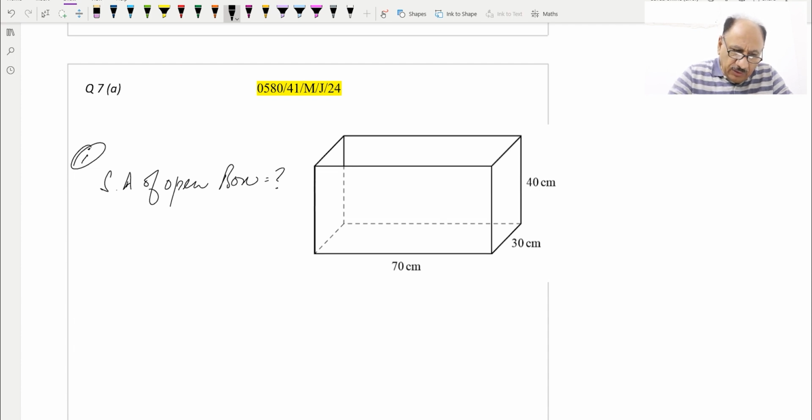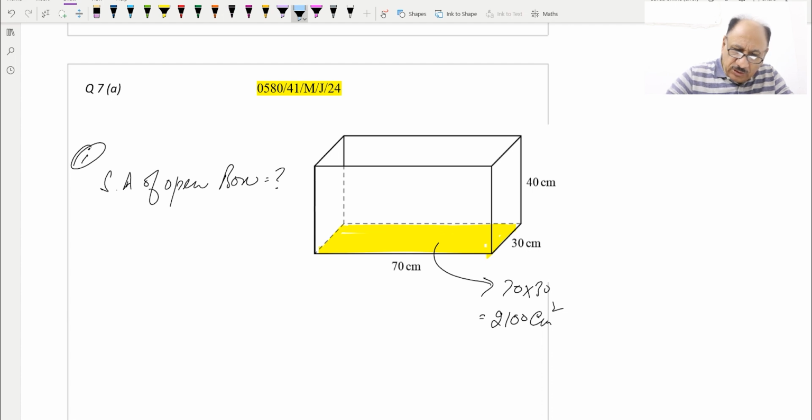We have this side which is the base. One side is 70 and the other side is 30, so this will be 70 multiplied by 30 centimeters squared. And what else?